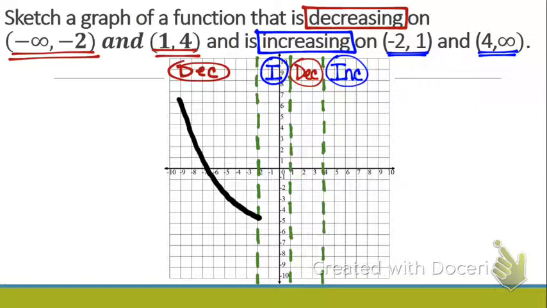Because when I hit that first up and down line, what does my pencil change to do? Now it's going to go up until I hit this line. And then my pencil goes down again until I hit that line, and then it turns and goes up.